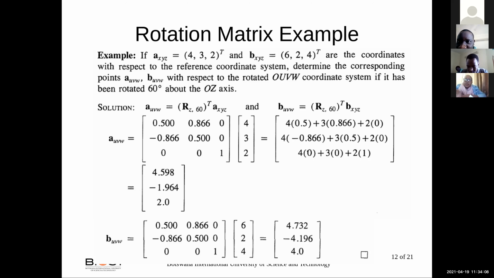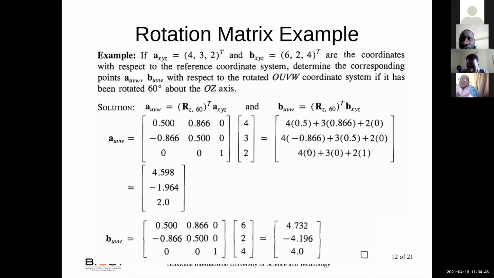Example: if A xy equals 4 2 transpose and B xy equals 6 4 transpose are the coordinates with respect to the reference coordinate system, determine the corresponding points A UVW and B UVW with respect to the rotated UVW coordinate system if it has been rotated 60 degrees about the OZ axis.